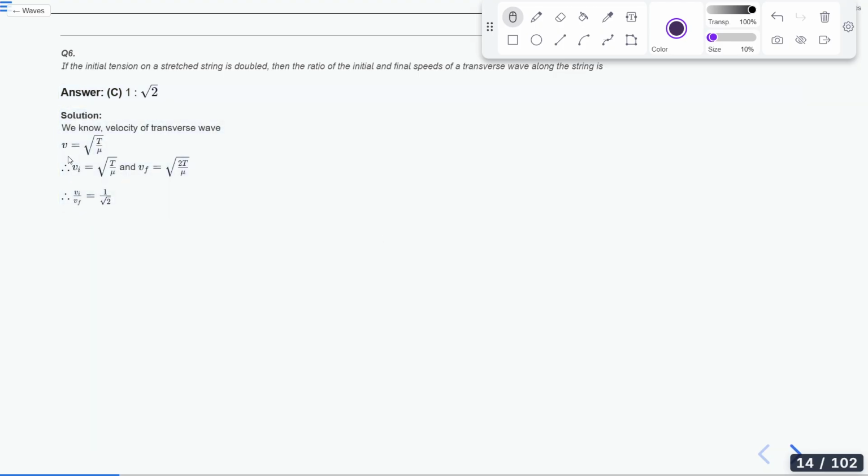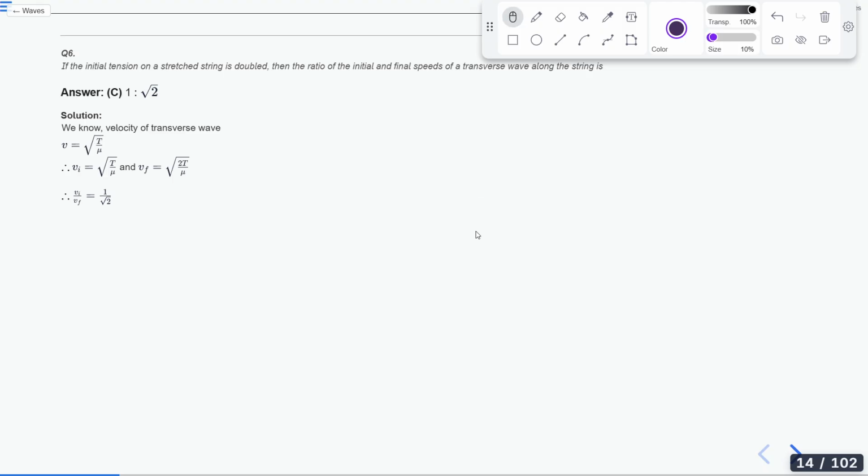Very good. So speed is given by root of tension by linear mass density. And for final speed, we have double the tension, so root of 2 times the tension upon linear mass density. So what is the ratio of initial and final speed? That is 1 by root 2. Other terms will cancel out, they are the same.